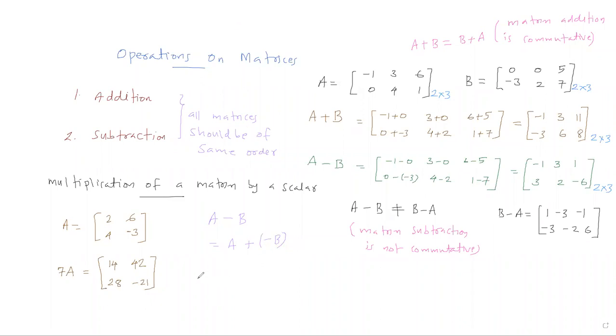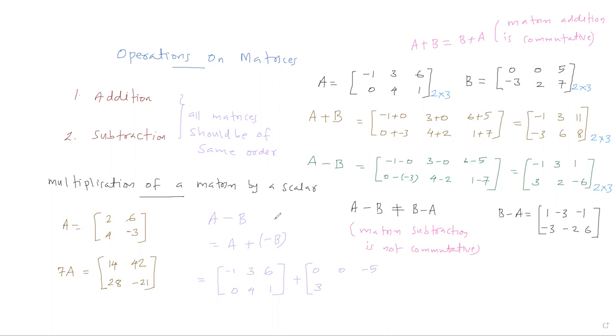So for the above question, you knew A is equal to minus 1 3 6 0 4 1, then minus b. Your b is 0 0 5, so 0 0 minus 5, minus 3 becomes 3 because of multiplying by minus.